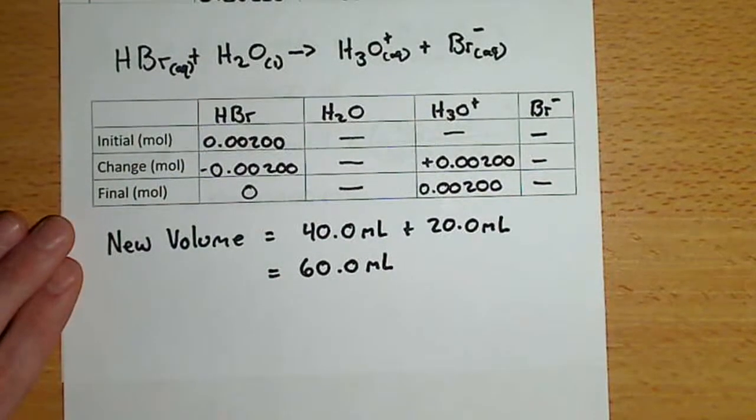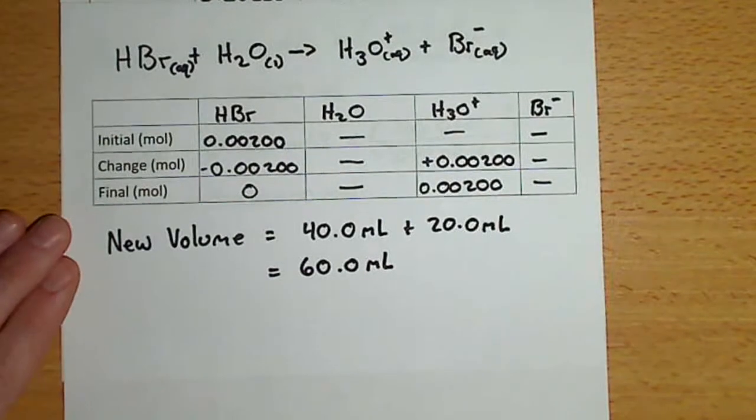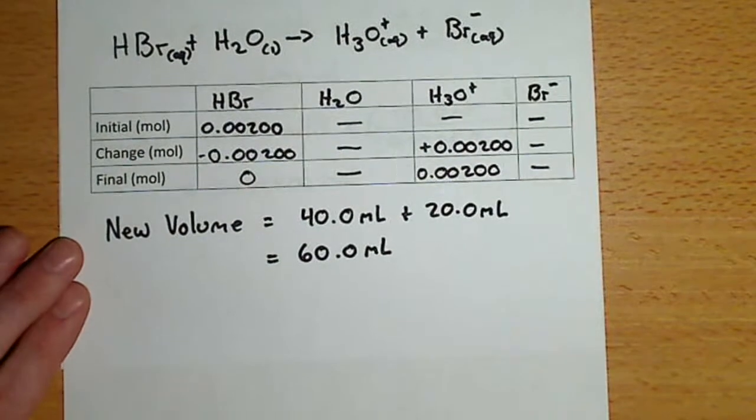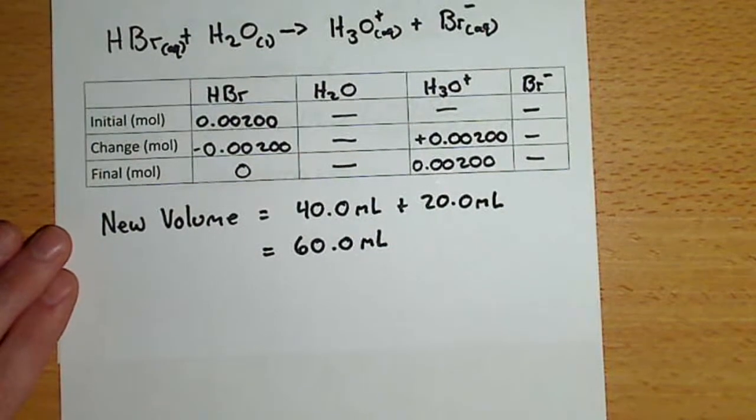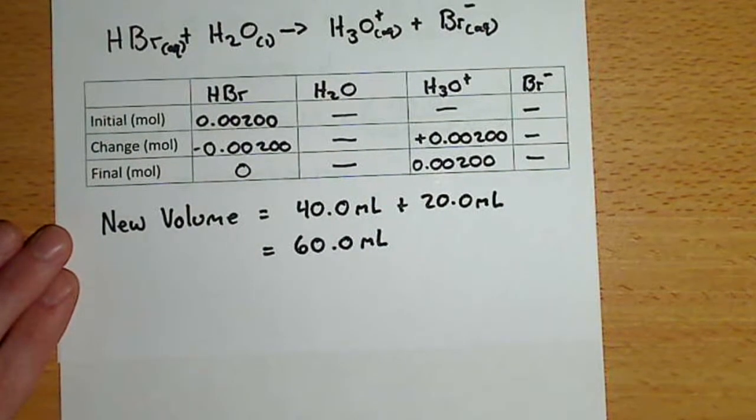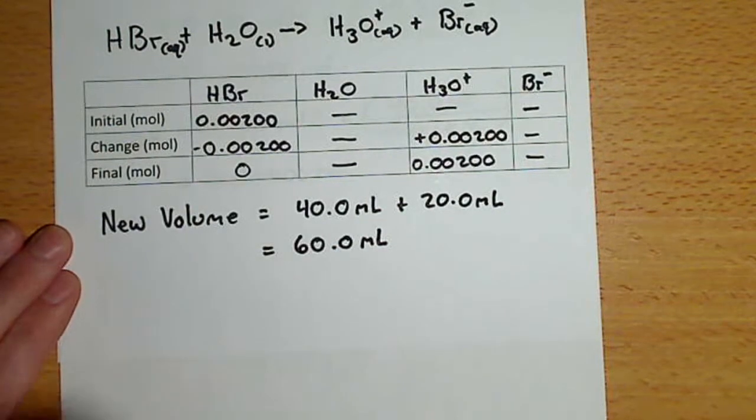This one's pretty easy to figure out. 40 milliliters plus 20 milliliters gives us 60 milliliters as our new volume. Now that we know the new volume and we know the number of moles of hydronium ion formed, we can determine its concentration.